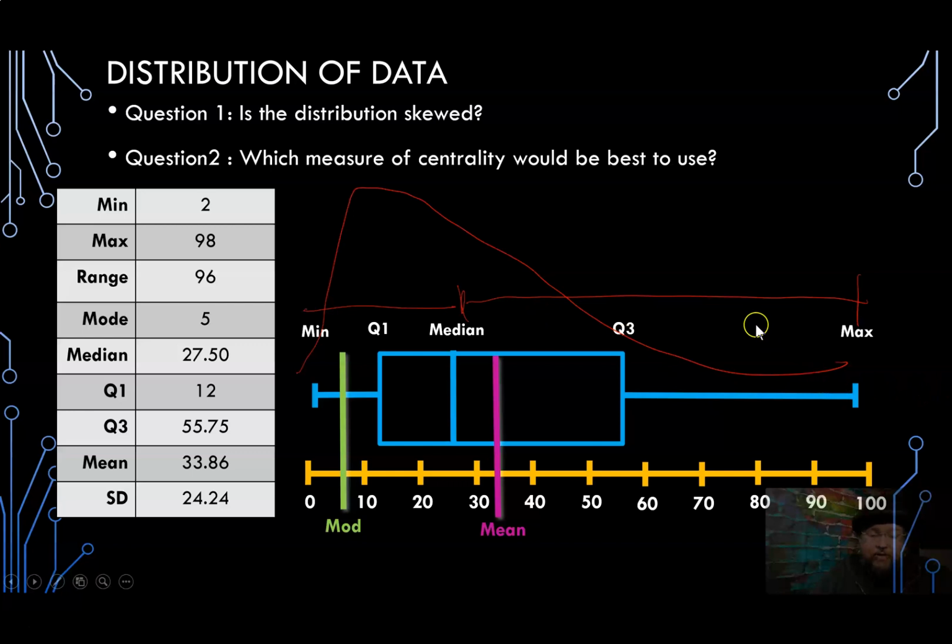What this skew really helps us know is that this is a bigger one. We've got the median and the mean, and they have a difference: the median is 27.50, the mean is 33. That's off by 6, and on a scale of 100 maybe that's not so much, but the mode at 5 is off from here by almost 28. Roughly, that's too big, so we can't use the mean as a measure of centrality.